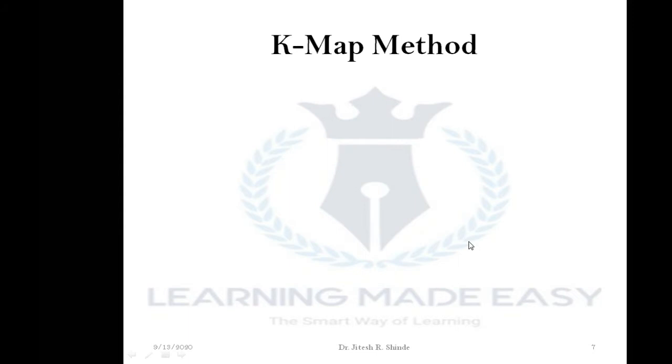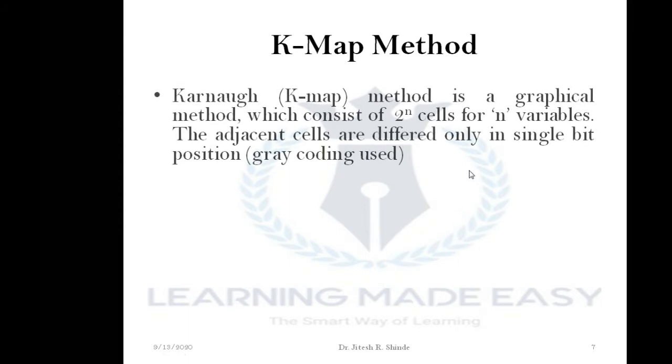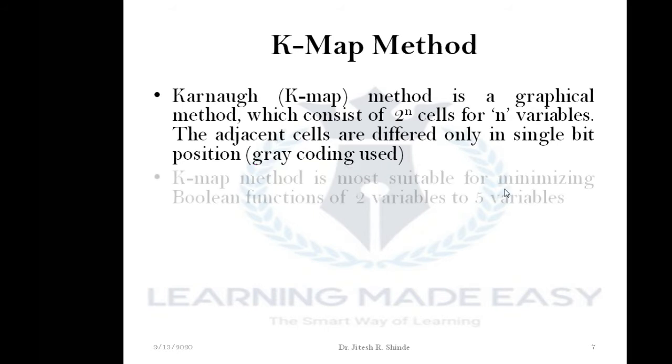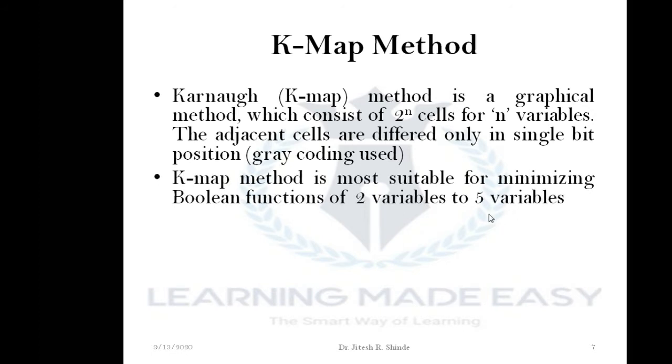K-map is a graphical method which consists of 2 to the power n cells, where n represents the number of input variables. The adjacent cells differ only in a single bit position, which indirectly specifies that gray coding is being used. K-map method is most suitable for minimizing Boolean functions of 2 variables to 5 variables.